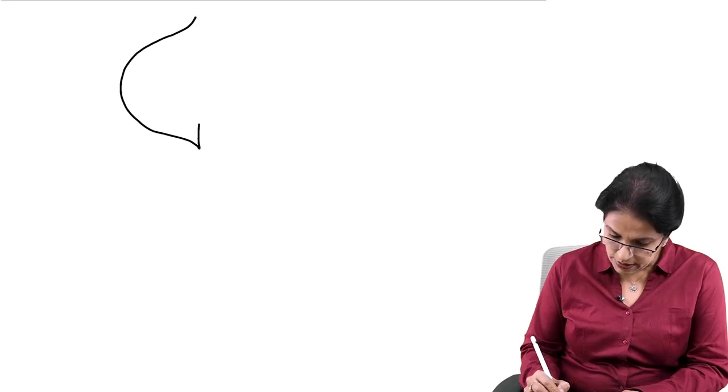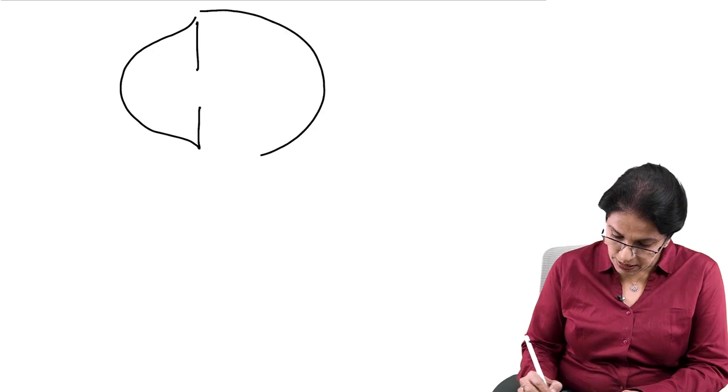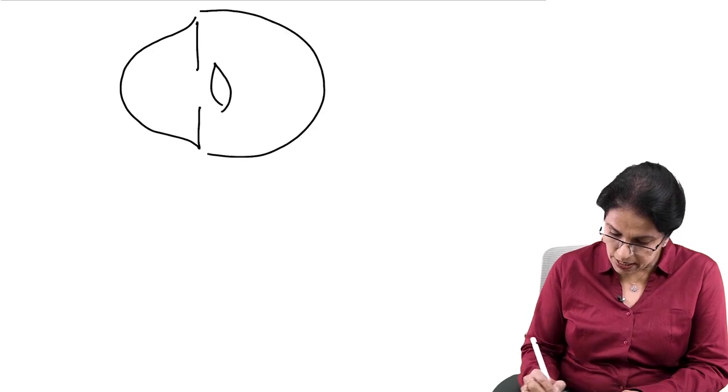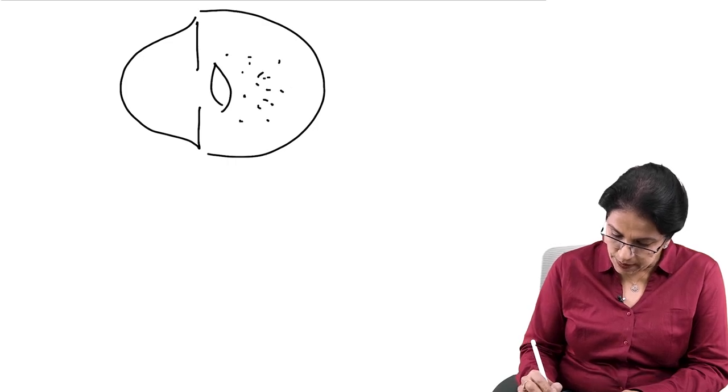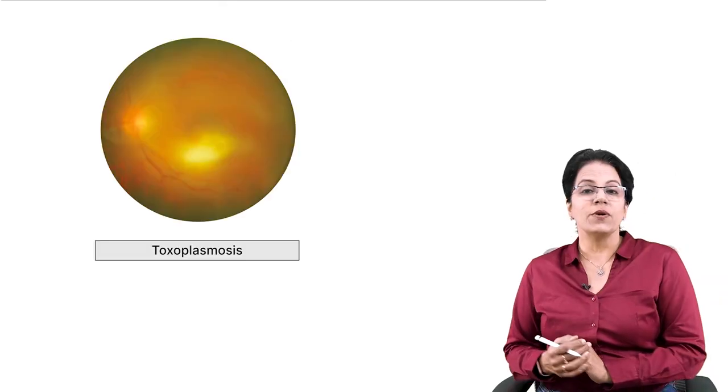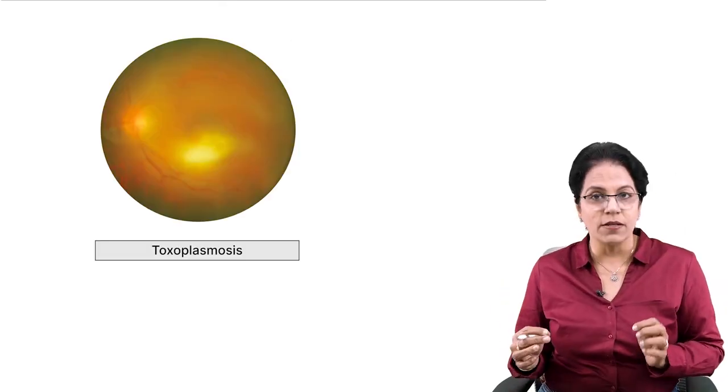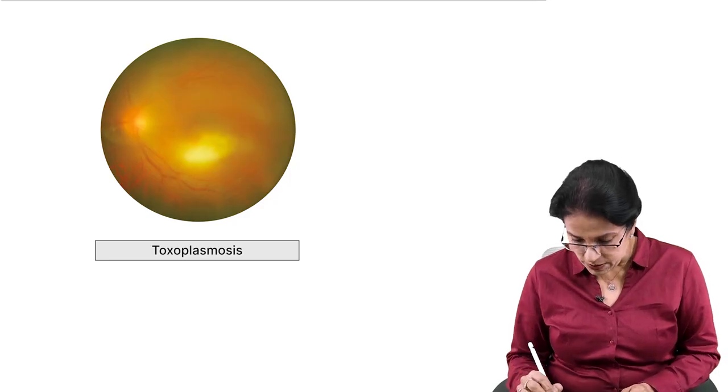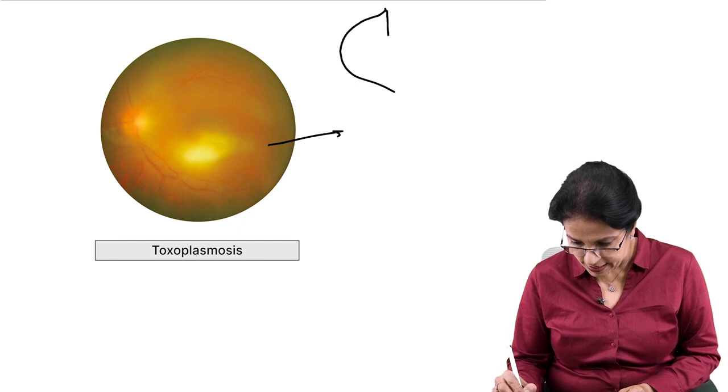Let's make a diagram to understand that. When the patient is examined and I'm looking through this intense vitritis, these choroiditis patches look very hazy. So I will draw it again here.